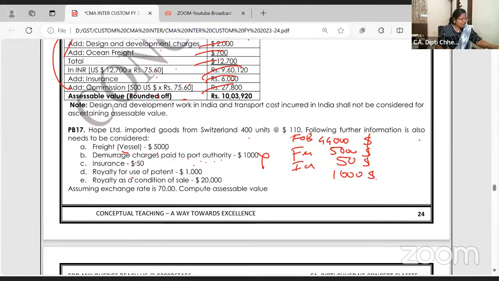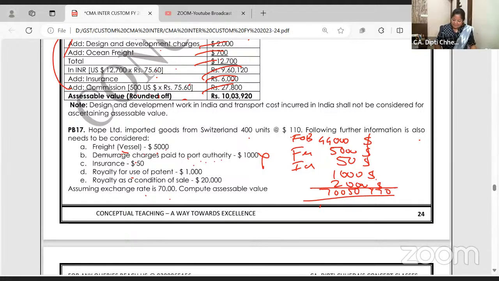Royalty as a condition of the sale. Yes, that also we will take. We will take everything. And the rate of exchange given is 70 rupees per dollar. See how much it comes to: 44,000 plus 5,000 plus 50 plus 1,000 is 70,050 into 70.